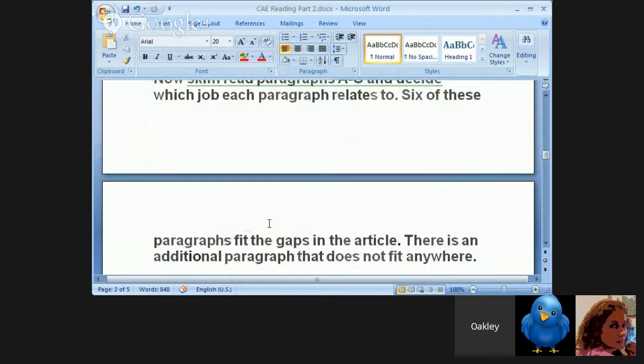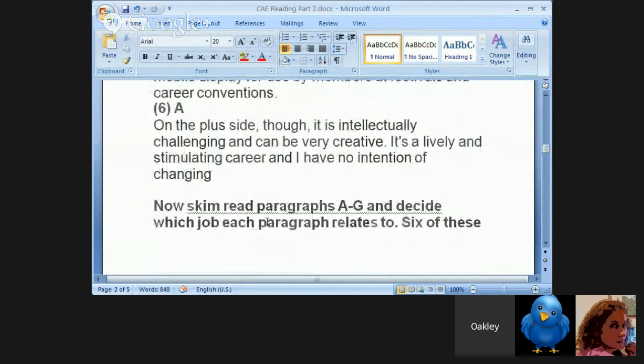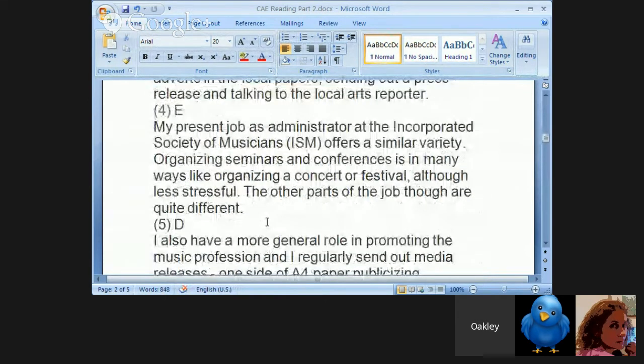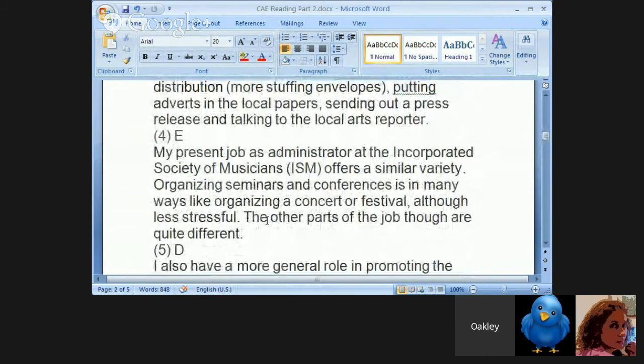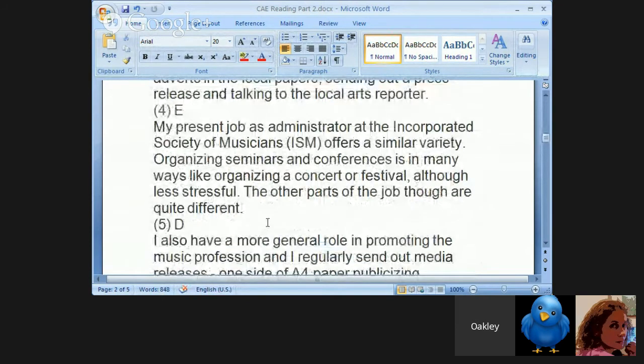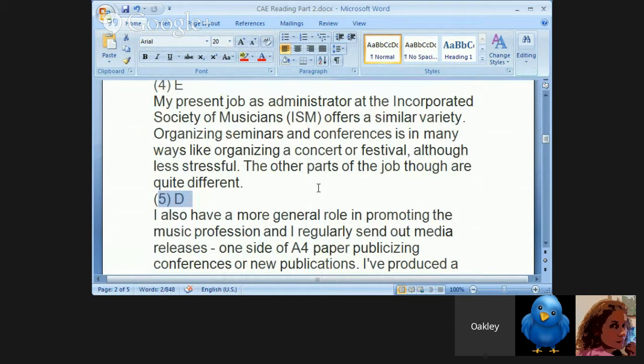Number 4. The other parts of the job are quite different, and then I have a very full musical life. It's not perfect, but it could be 5F. 5F, and then D for 3, but I'm not convinced.